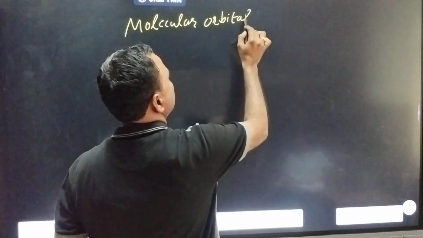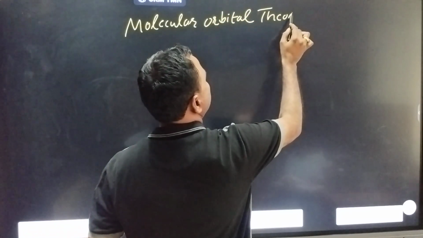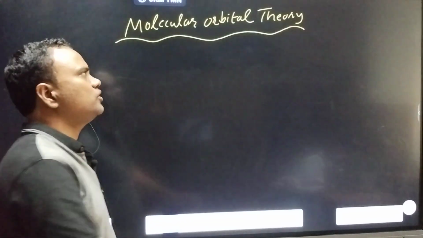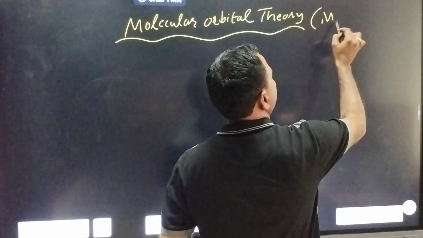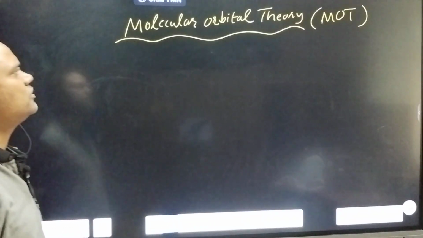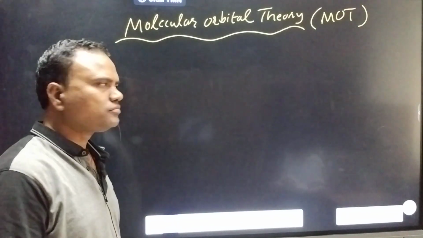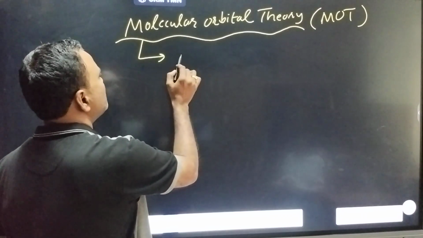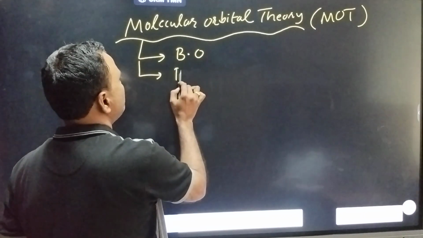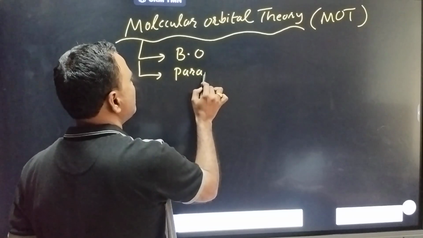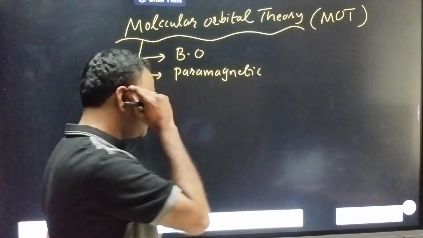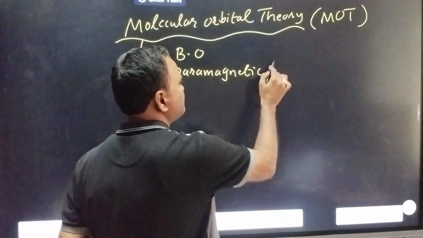Molecular orbital theory, generally abbreviated as MOT. By using MOT, we can predict the bond order. We can predict the paramagnetic property or diamagnetic property, very, very important, meaning whether one molecule is paramagnetic or diamagnetic.